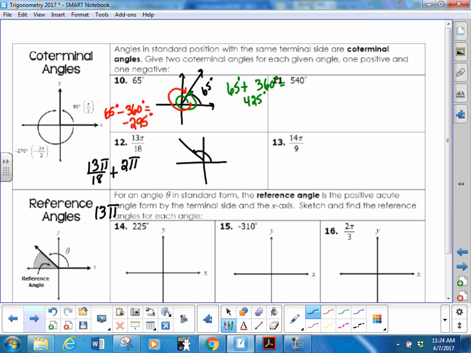They're both going to have a denominator of 18, right? So I make them both have a denominator of 18. And so that makes the numerator be 36 pi? Or 30, yeah.